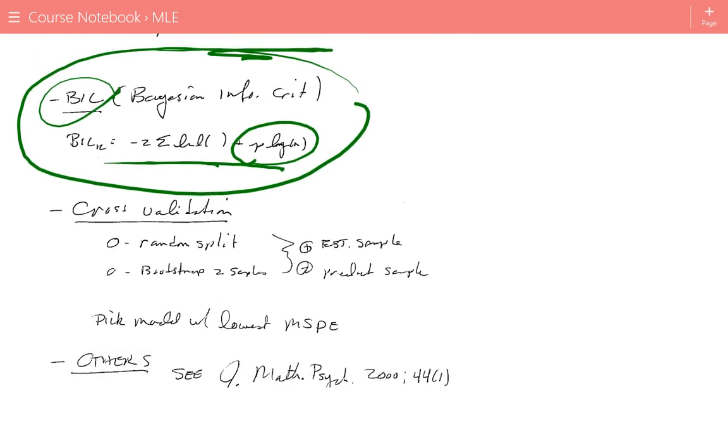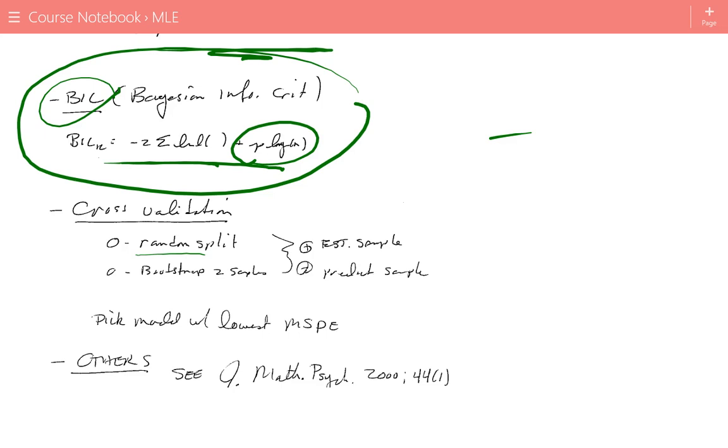You can do cross-validation methods where you randomly split your data and run estimates of the models on both to make a determination as to which one has a better overall fit to the data across samples. Let's put it this way.